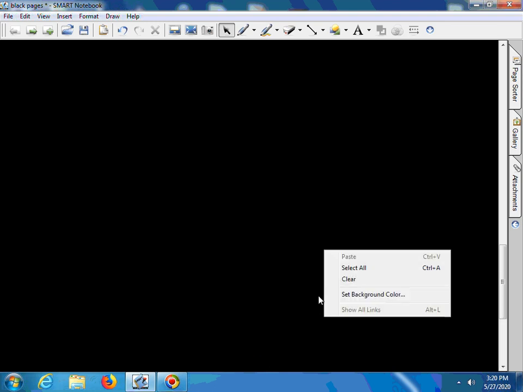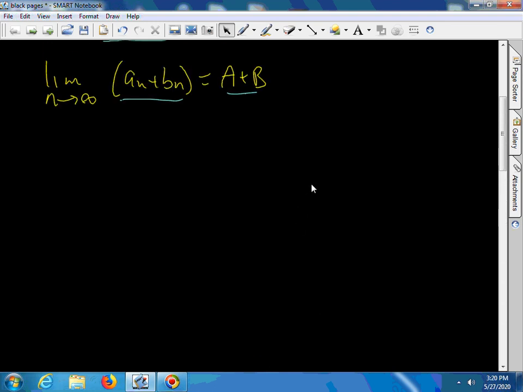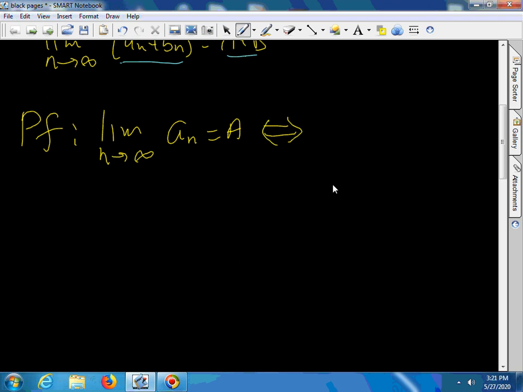So the first thing we're going to do is write down the definition of the first piece they gave us. They told us that the limit as n goes to infinity of a sub n equals a. Well, this means, now we know this limit exists and it equals a. We're given that.